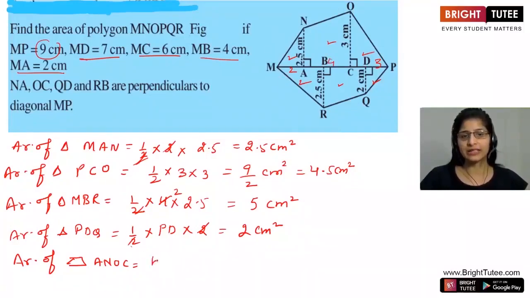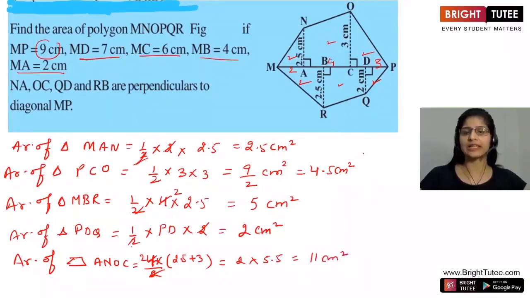So we will write height, that is 4, upon 2 into the sum of parallel sides, that is 2.5 and 3. So 2.5 plus 3. 2 2s are 4. 2 into 5.5 gives 11 square centimeter as the area of this trapezium.